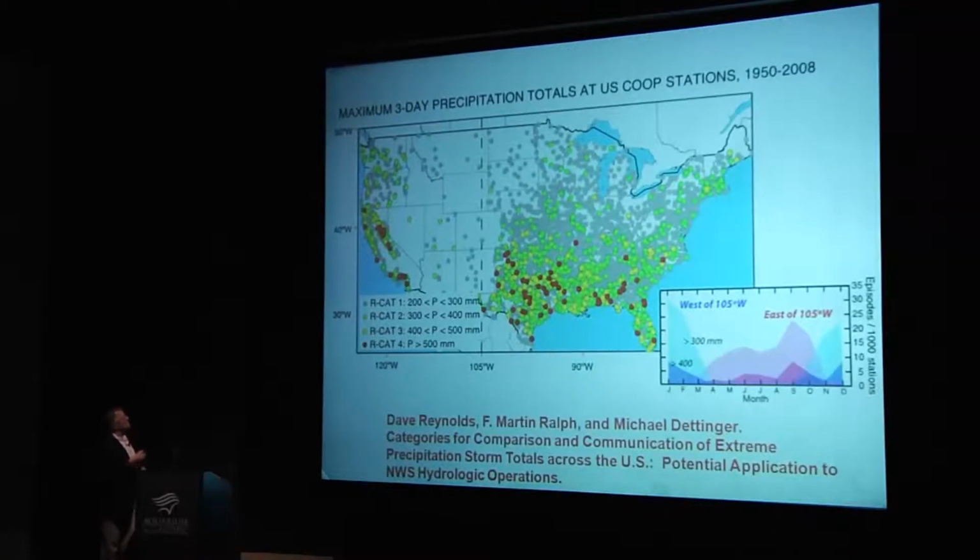And if you look at different categories, this is 8 to 12 inches, 12 to 16, 16 to 20 inches, and greater than 20 inches in red, 20 inches in 3 days. California can equal any other part of the United States. And in fact, it's able to gin up very heavy amounts of precipitation in a hurry.